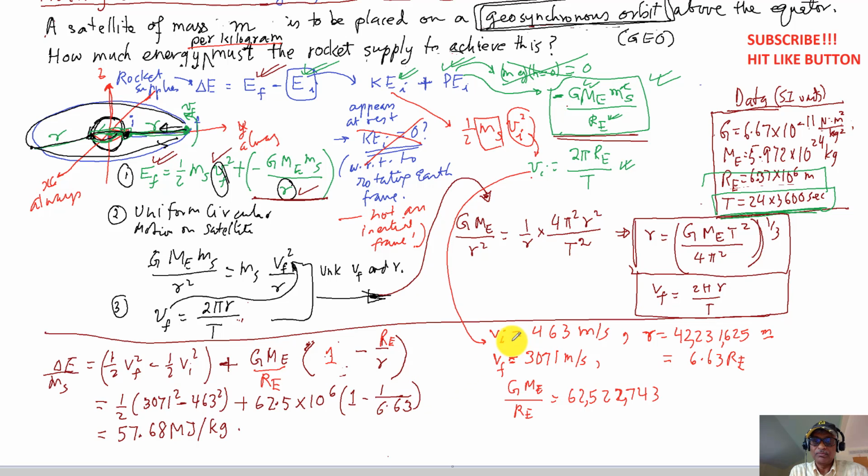Then I calculated V_I, and then I calculated R and got the ratio. From there I get V_F, and for this factor I just calculate separately. Now I can put all the numbers into this formula, and it gives me 57.68 megajoules per kilogram.